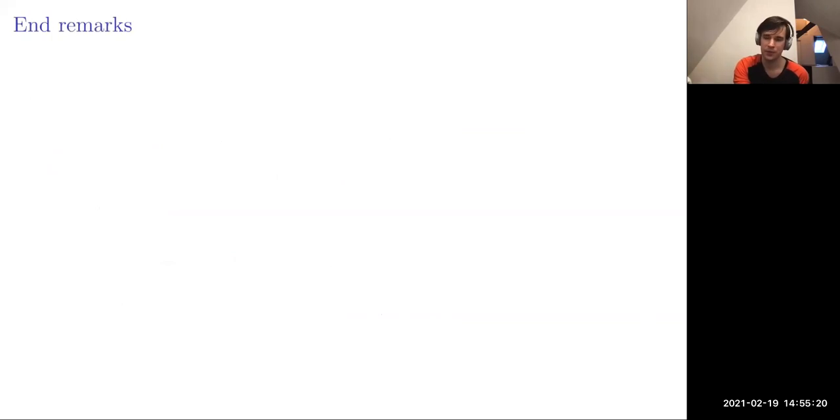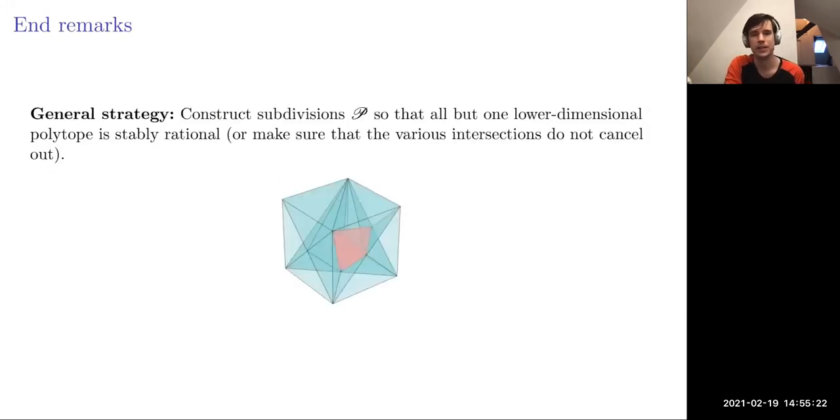All right, so just some end remarks. This is the general strategy. So you have your irrationality problem for maybe complete intersections or hypersurfaces, something like that, and you construct degenerations by subdividing polytopes, and the idea is that all except for one lower dimensional stratum is stably rational, or make sure that these intersections do not cancel out.